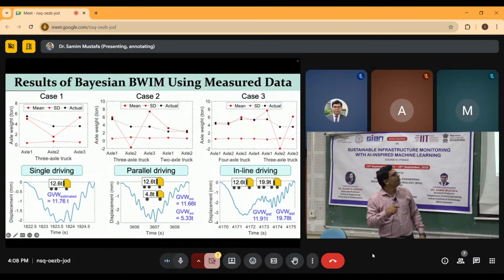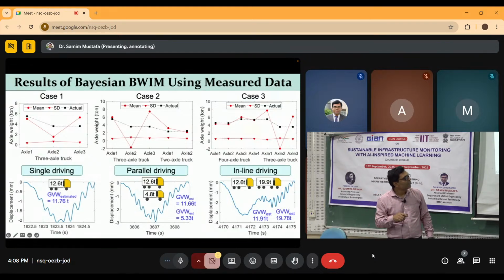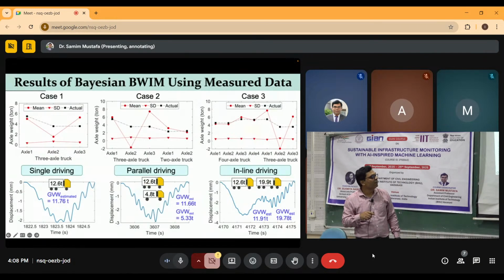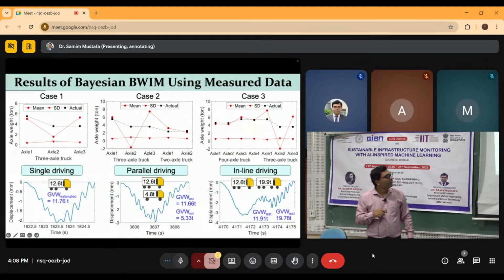And this is the uncertainty, the standard deviation of axle weight. For all the cases, although the estimated gross vehicle weight was close to the actual gross vehicle weight, there is a discrepancy in the axle weight identification for the case of closely spaced axles.